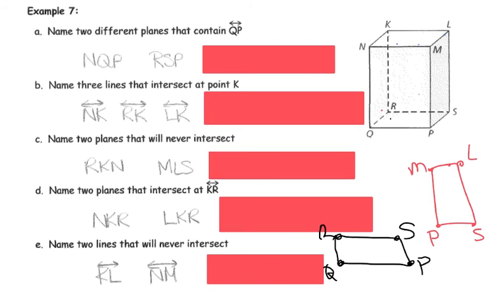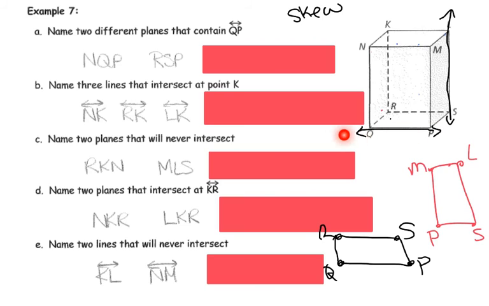One little thing I do want to add here is the concept of skew lines. Skew lines are basically two lines that are not parallel and also will never intersect. So you're probably wondering, how can you be not parallel and not intersect? Well, because we have three-dimensional figures, it is quite possible.